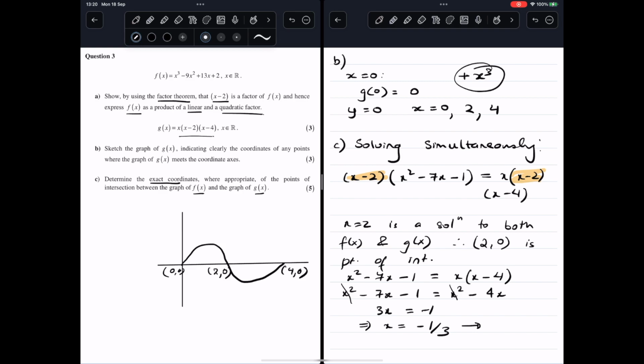And for this, I need my y value, and for this, I'm just going to use one of the equations to give me y as minus 91 over 27. So that's one of my points of intersection, and the other one is (2, 0). So there I have it, my 2 points of intersection.